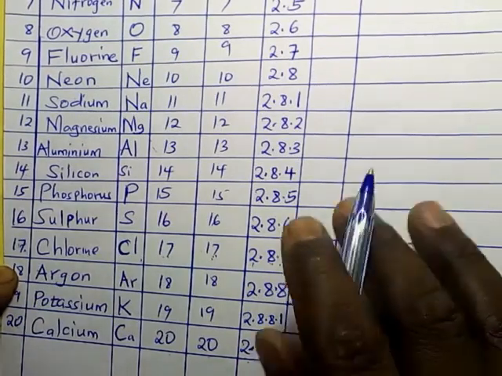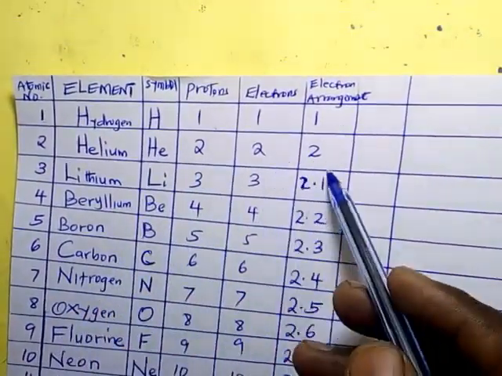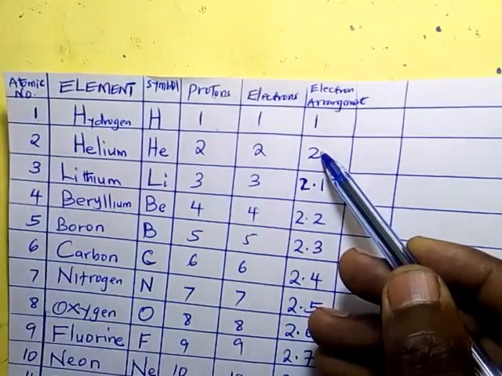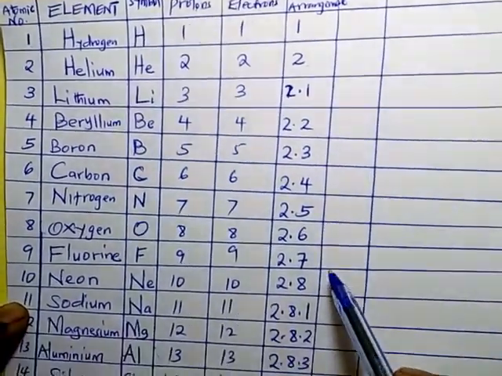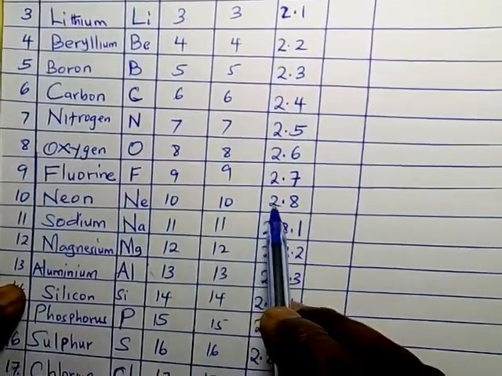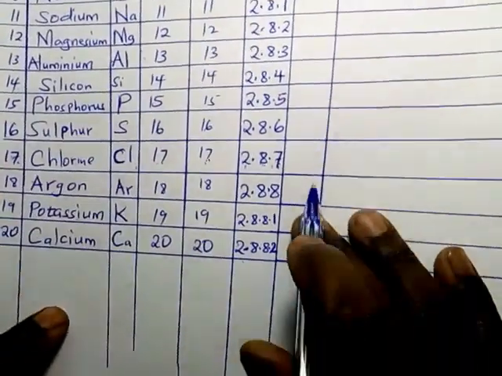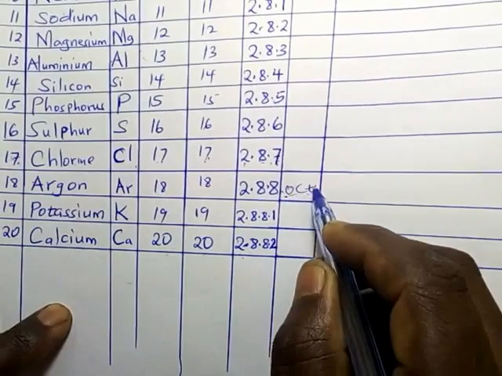Elements like helium have an electron configuration of only 2. This one we call a duplet. But the rest, to be stable, must have an octet. This is called an octet, electron stability.